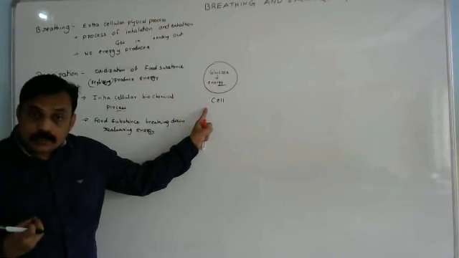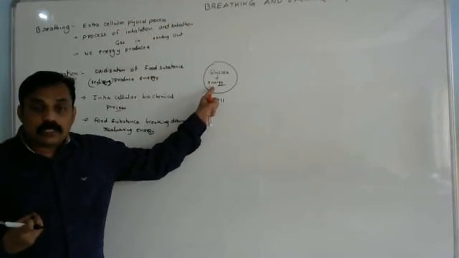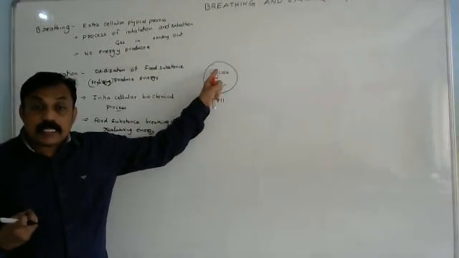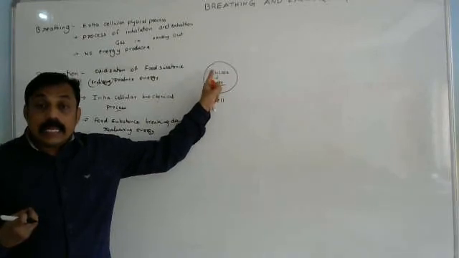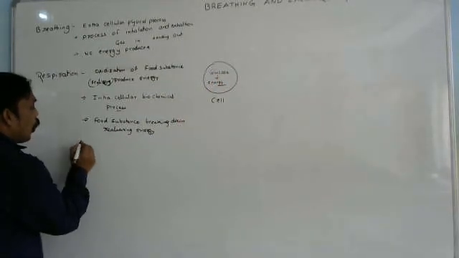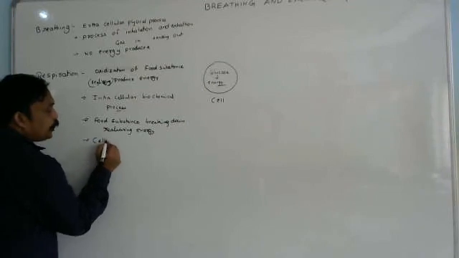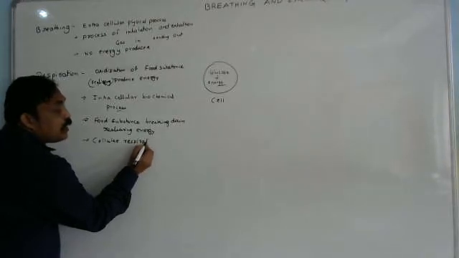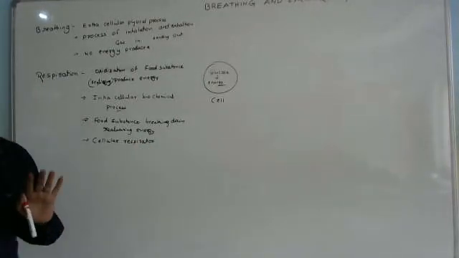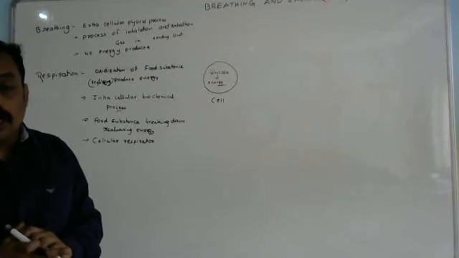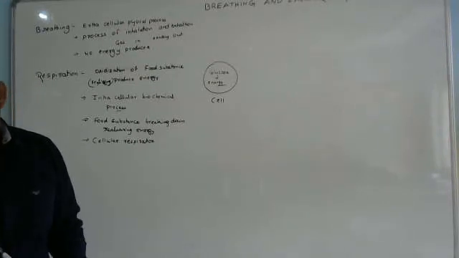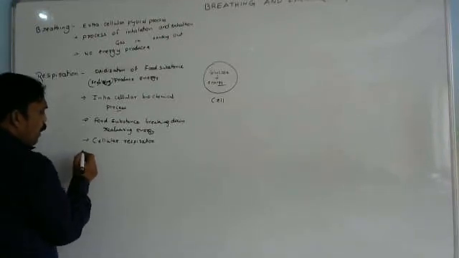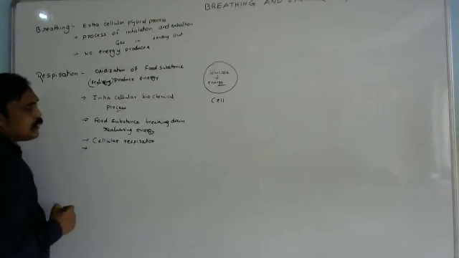Respiration means breaking down of food substance and releasing energy inside the cell, so it is also called cellular respiration. In cellular respiration, exchange of gases occurs inside the cell.